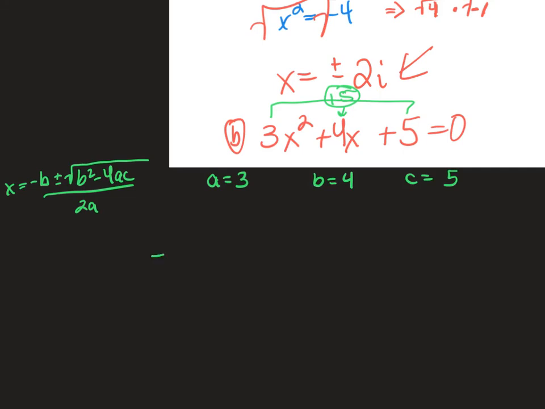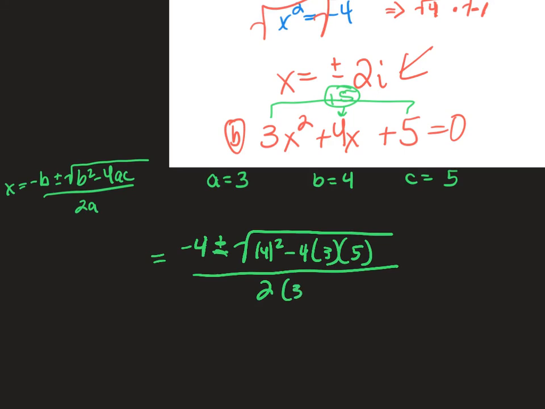But now we fill in. This is the biggest step, going from the quadratic formula to filling everything in, because if you miss one negative sign somewhere, the entire problem is wrong. So take your time. Negative b, I have negative 4 plus or minus the square root of b squared, so 4 squared minus 4 times a is 3, c is 5, all over 2 times 3.